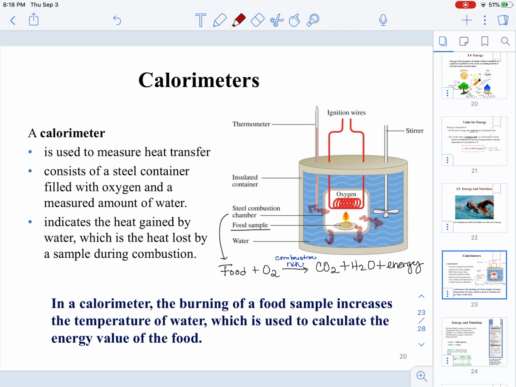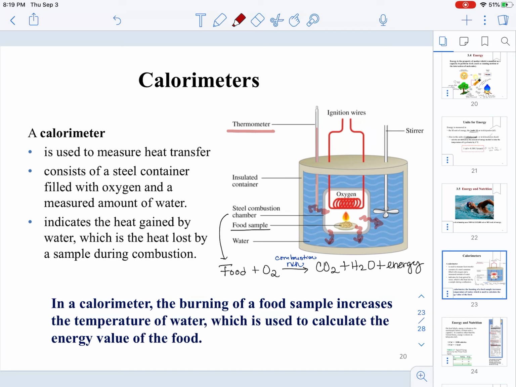And see that you have a thermometer. The thermometer is actually going to measure the temperature difference of the water once the combustion has occurred. And through mathematical equations, you can actually back calculate how much energy is produced from a food.